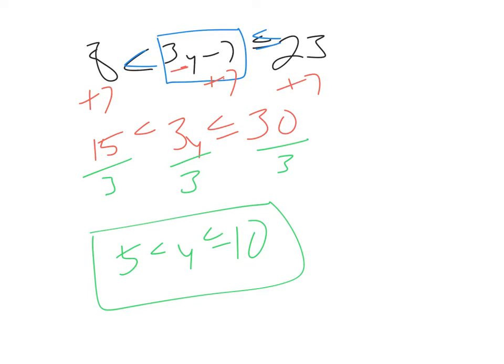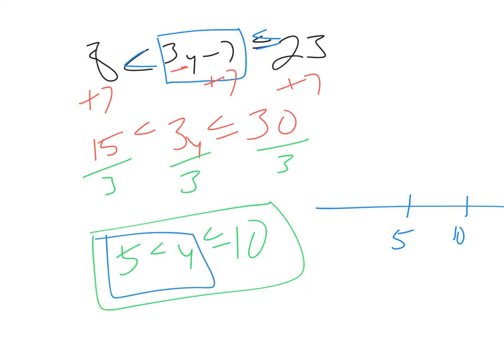If we graph the solution to this compound inequality, we still use a number line, right? The two numbers we have to deal with are 5 and 10. y is greater than 5, so that's an open circle with an arrow to the right. y is less than or equal to 10, so that's a filled in circle with an arrow to the left.